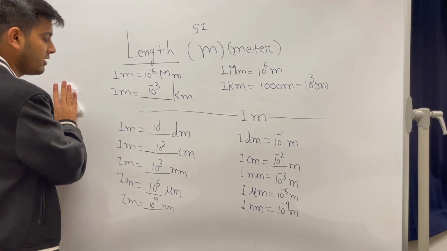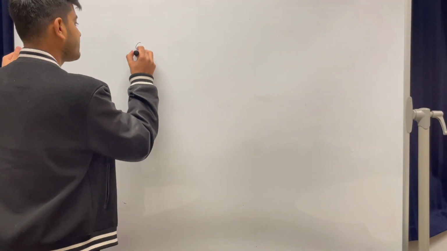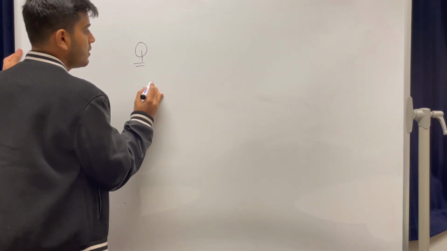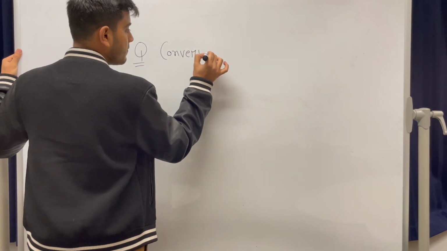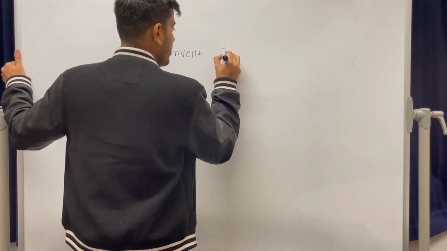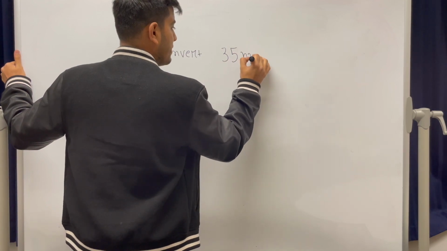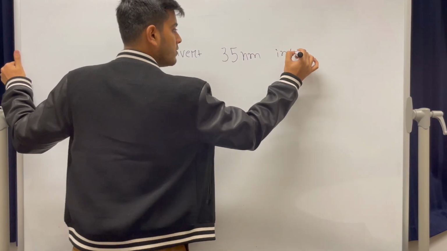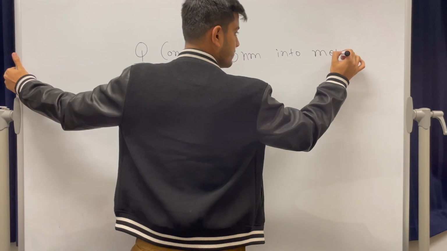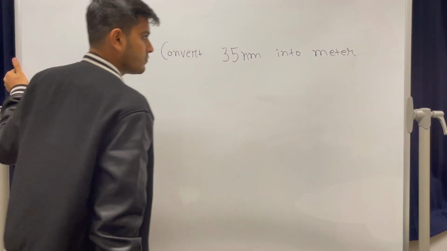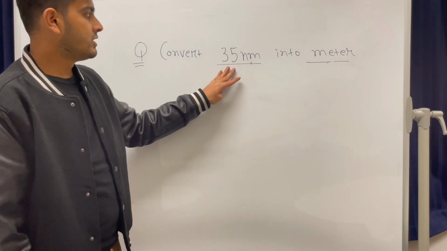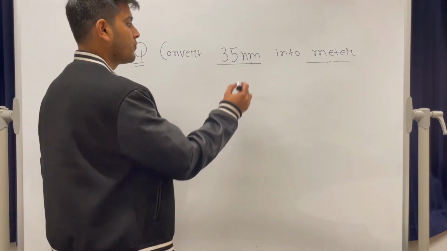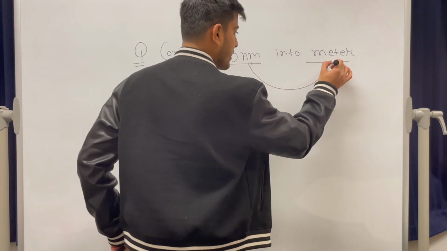Okay, let me take one question. Convert 35 nanometer into meter. Try this question. Done? Let me try. 35 nanometer to meter. We are going from a smaller unit to a bigger unit.